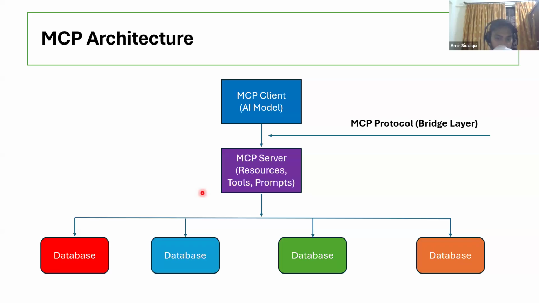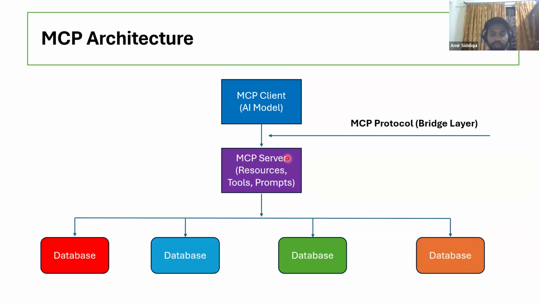And here are some examples. I made some mistake here. Instead of writing these different names, I have written database everywhere. So here you can have databases, APIs, your code, or even any external tools that you have.